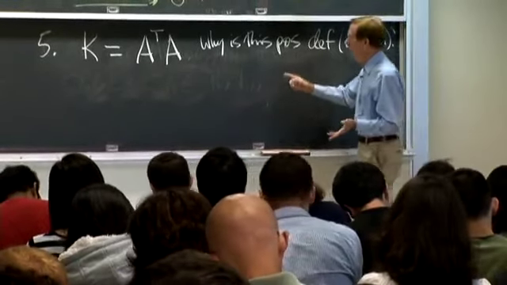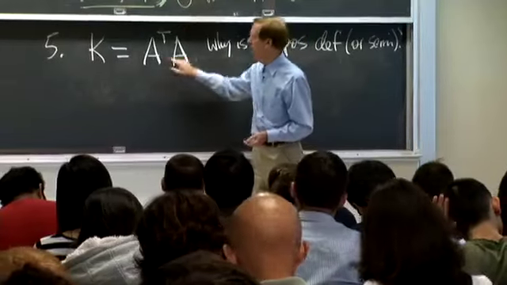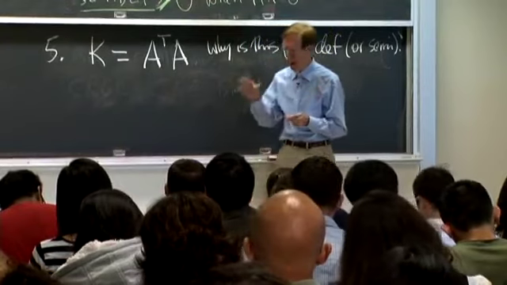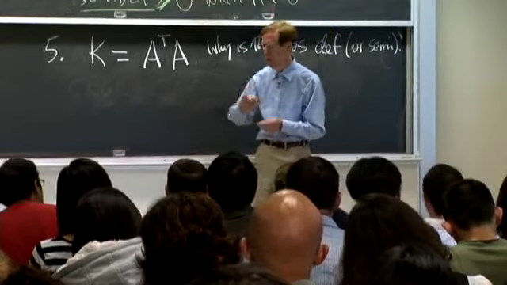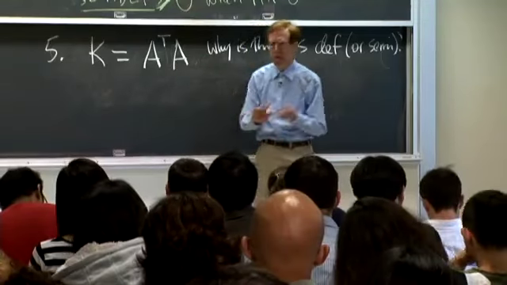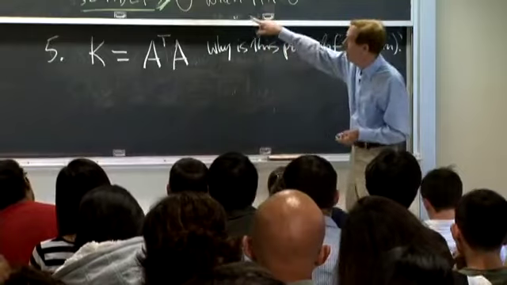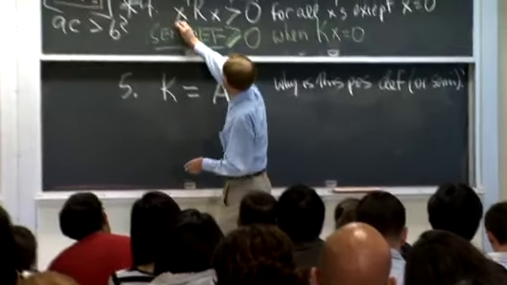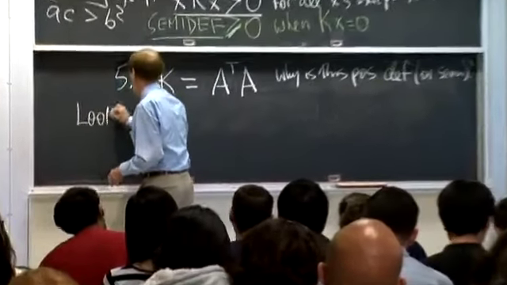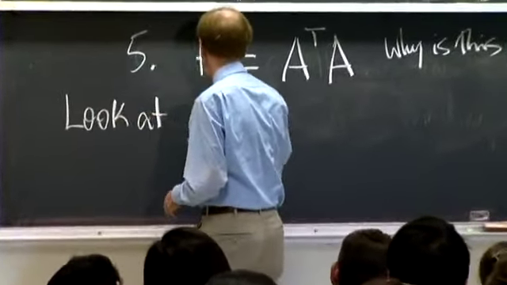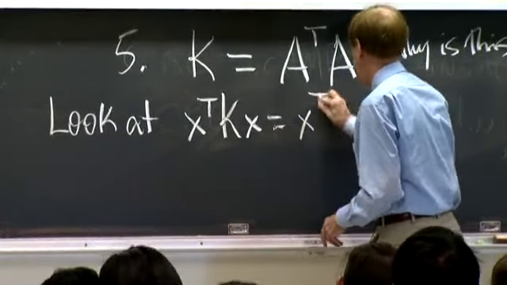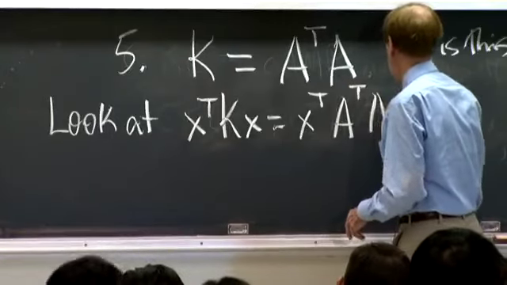Do I want to look at the pivots of A transpose A? No. Whatever they are, I can't really follow those well, or the eigenvalues, or the determinants. None of those come out nicely. But the real guy works perfectly. So look at X transpose KX, just following my instinct here.